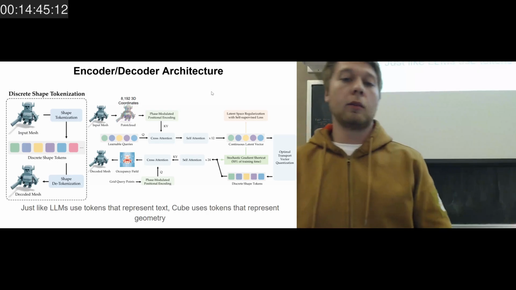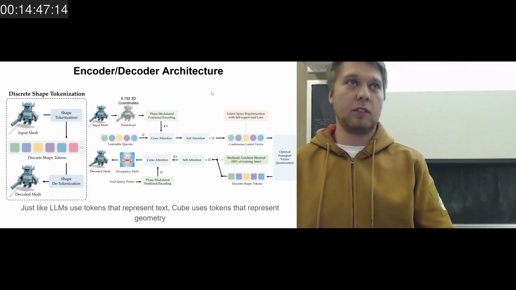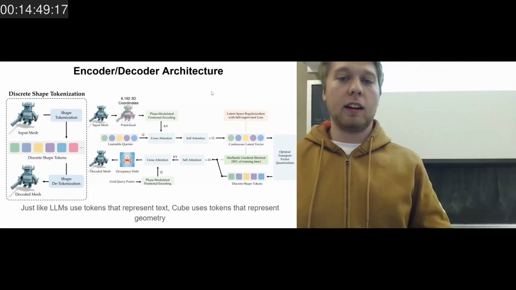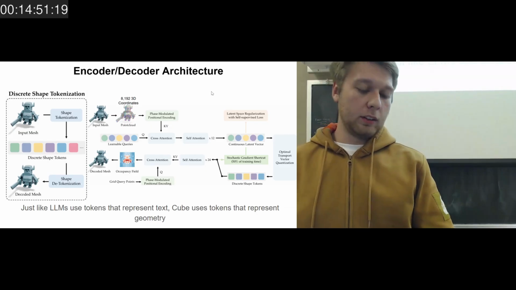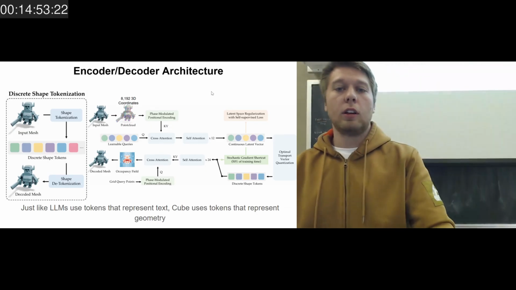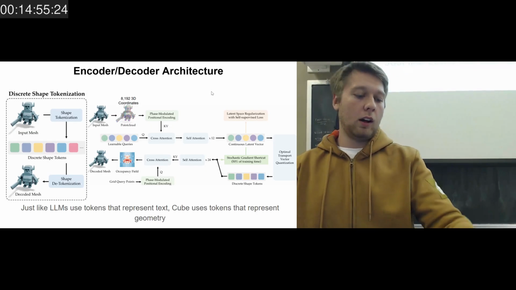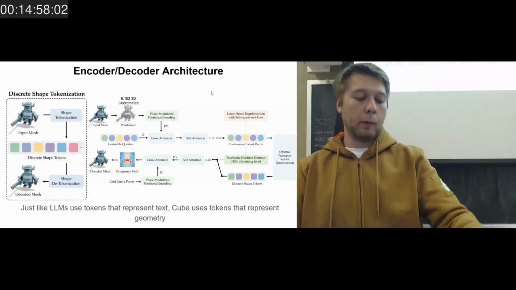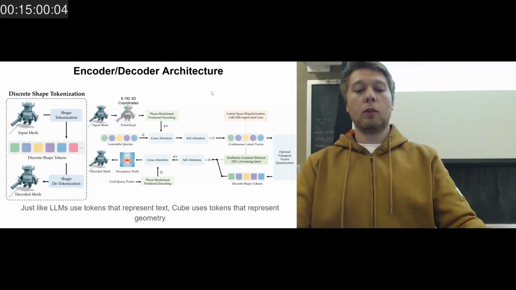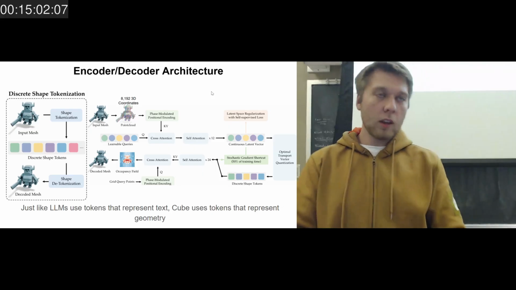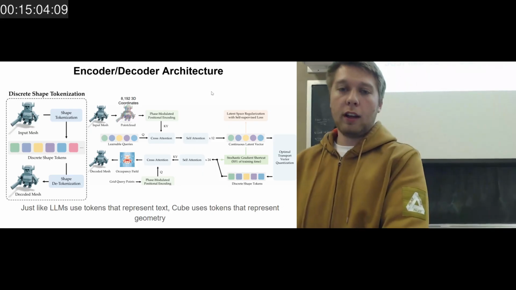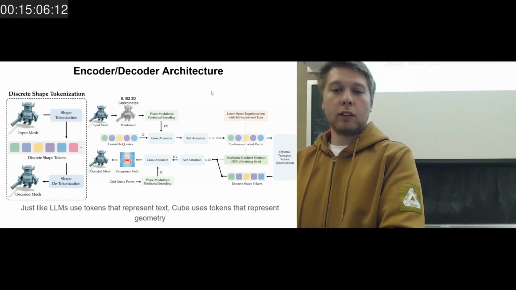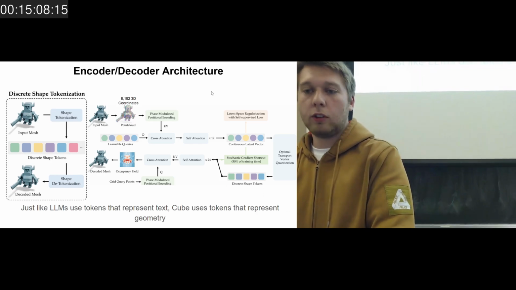And then they run it through phase modulated positional encoding, which is a big term, and I'll explain that in the next slide. But basically, with regular LLMs, if you want to encode a sentence, you have to know where in the sentence each word is. And then you just use regular sinusoidal positional encoding to do that.